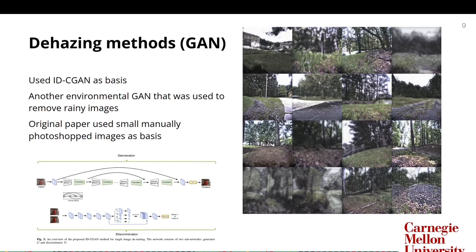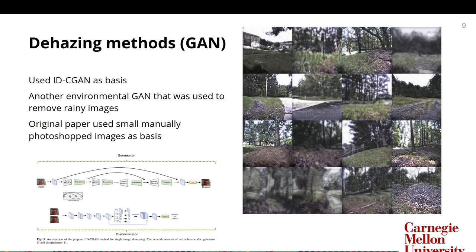Really, the benefit of this was that IDC GAN was the previous work that helped remove rain from images. And so using that similar architecture, we thought we could get very close to removing haze as well.